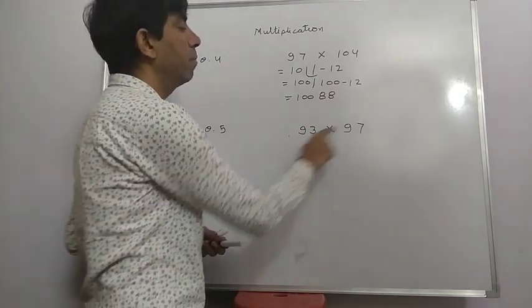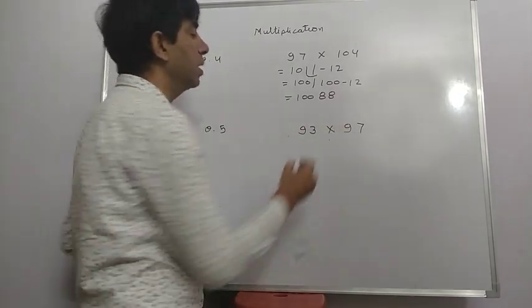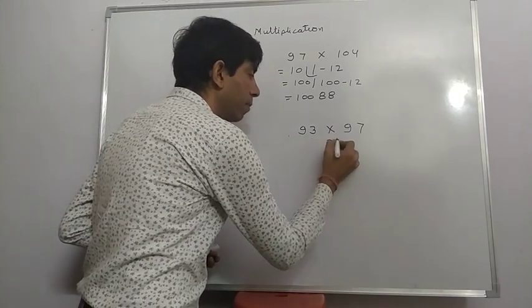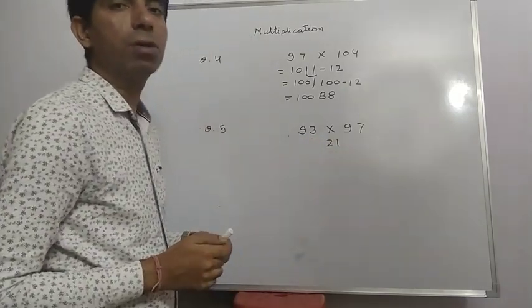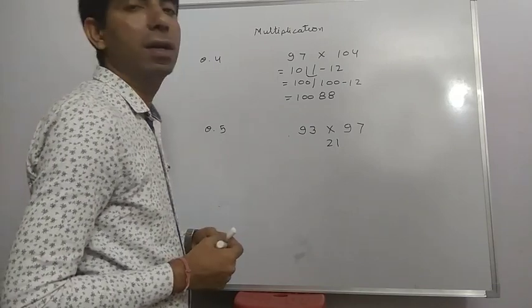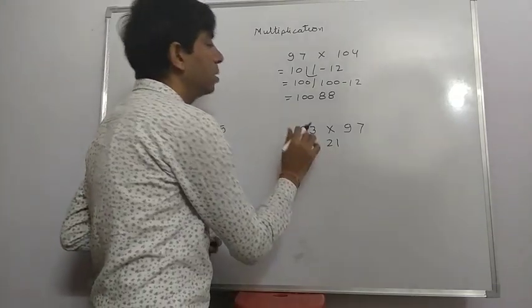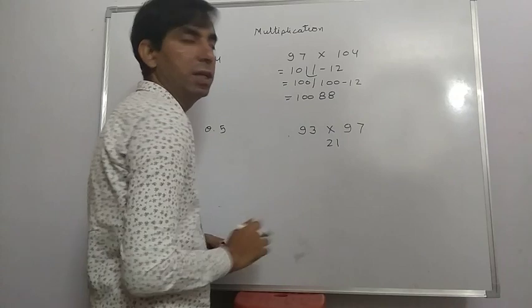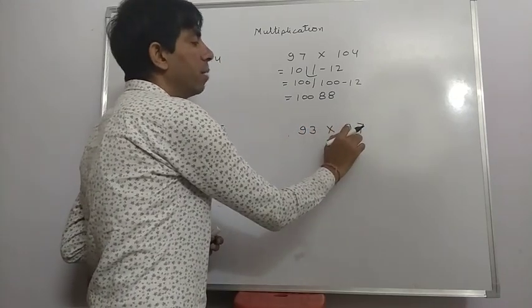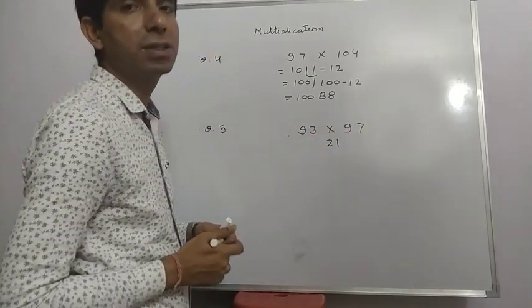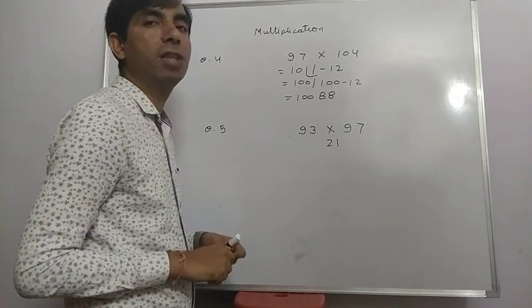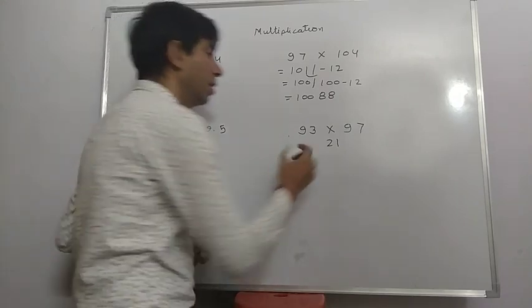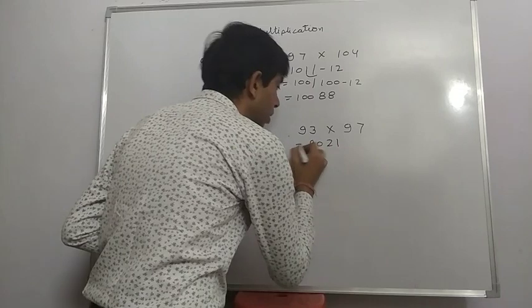Then -7 times -3, the deviation product is 21, because both are negative. And for the other part, take 93 and the other number's deviation, -3. Then 93 minus 3, we get the answer 90. It is our solution.